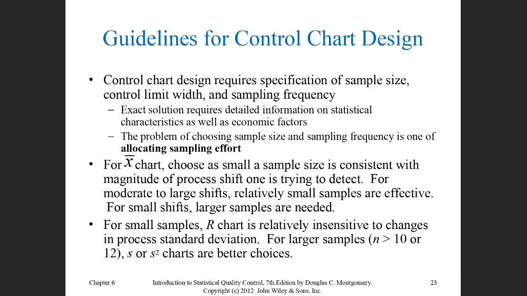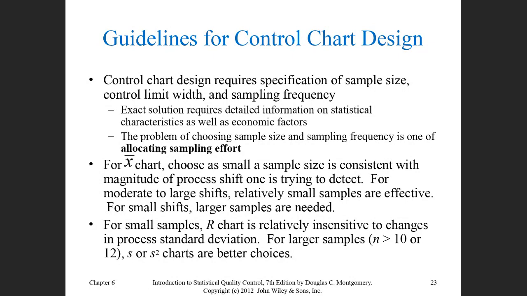Today, when we have a sample size larger than this, scientists or specialists have set n greater than or equal to 10 as the sample size where you use a different control chart, which is the X bar S control chart.